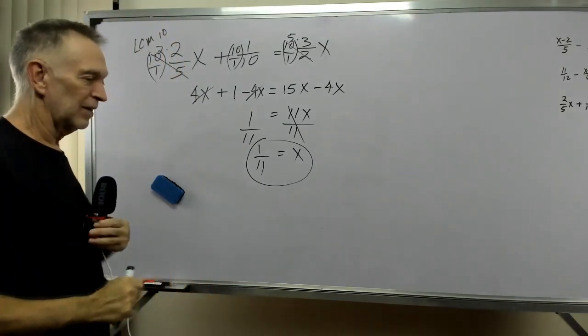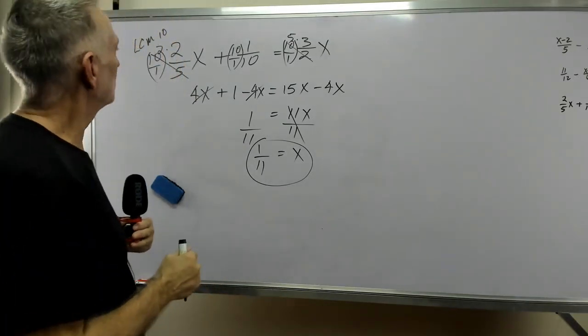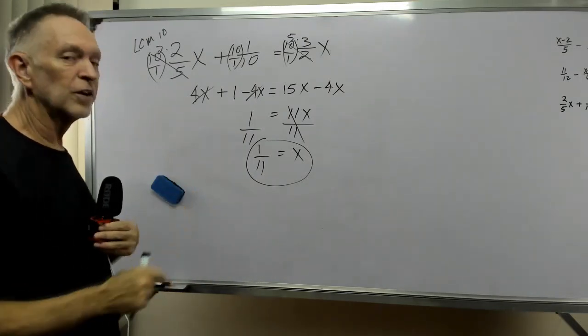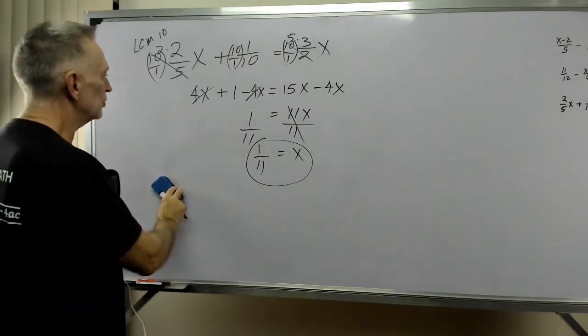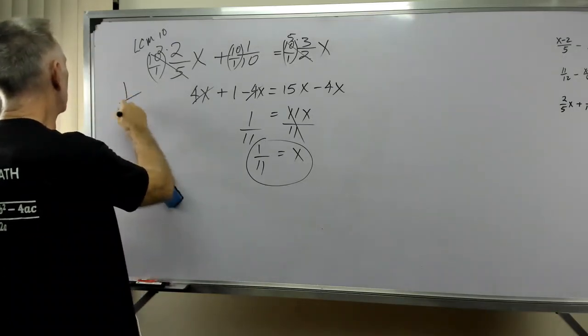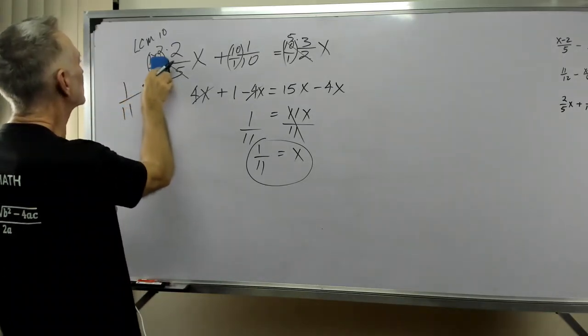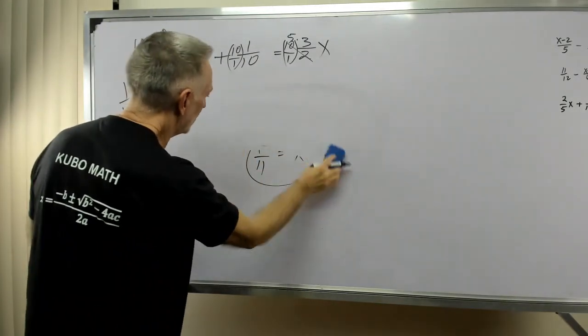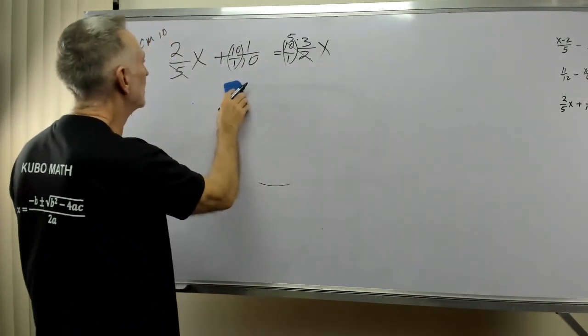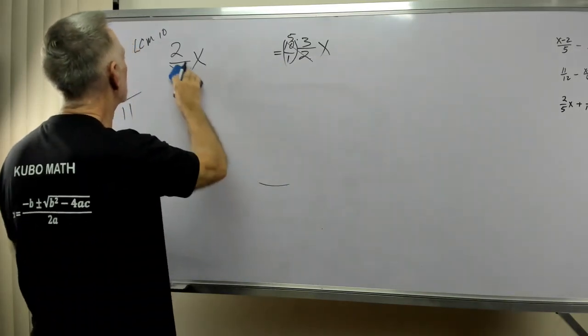Now, when I worked this the first time, I thought, that's a weird number. Is that correct? So let's write that over here, 1 over 11. Let's clean this up here, and let's plug that in and just see if it works.